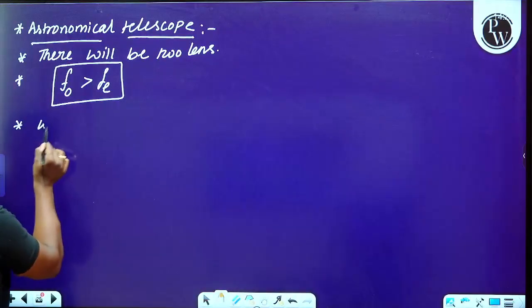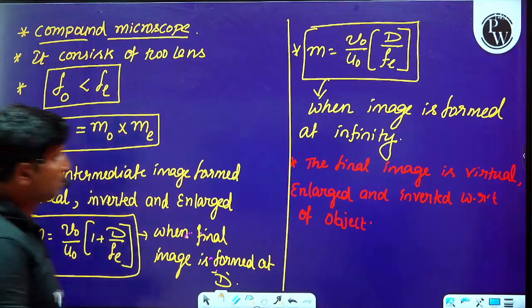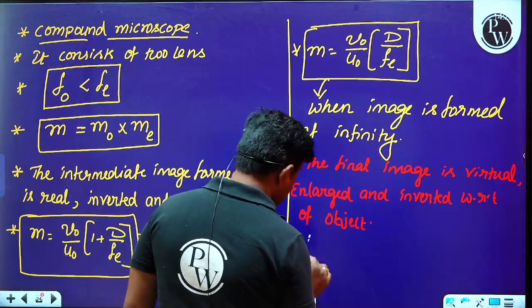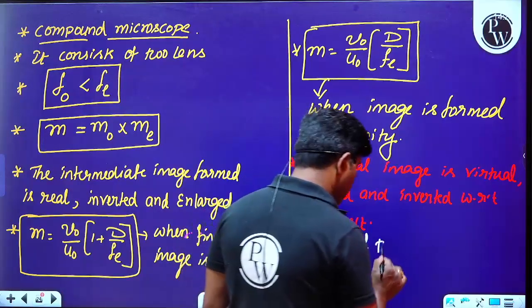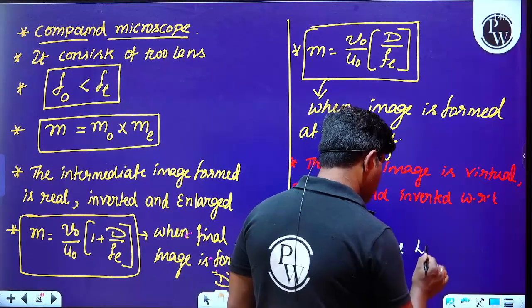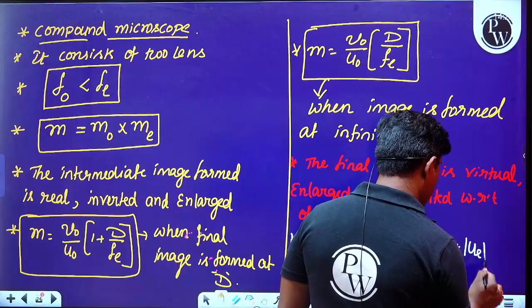Here I have missed one more point. What is the length of the tube of the compound microscope? L is equal to VO plus UE.